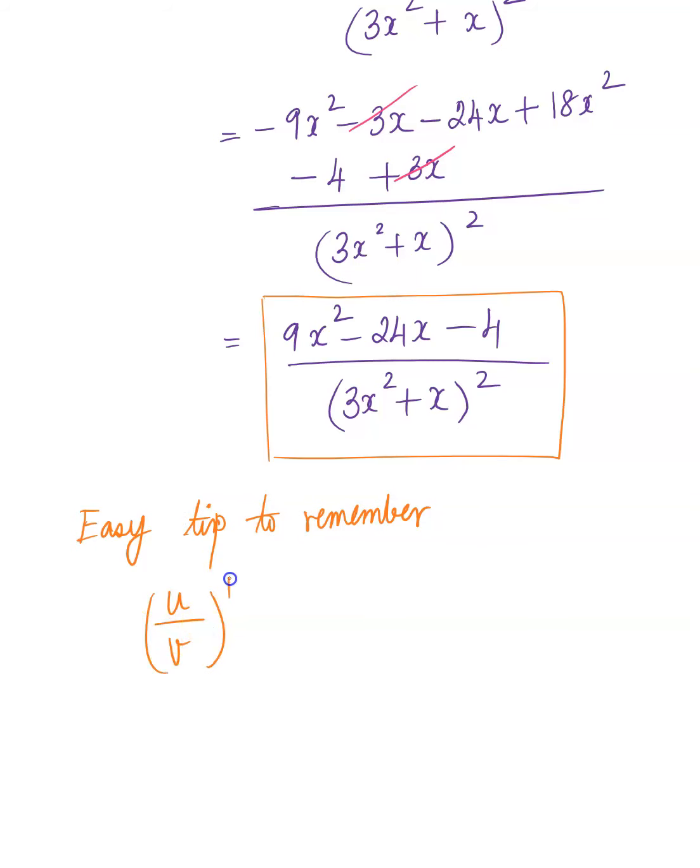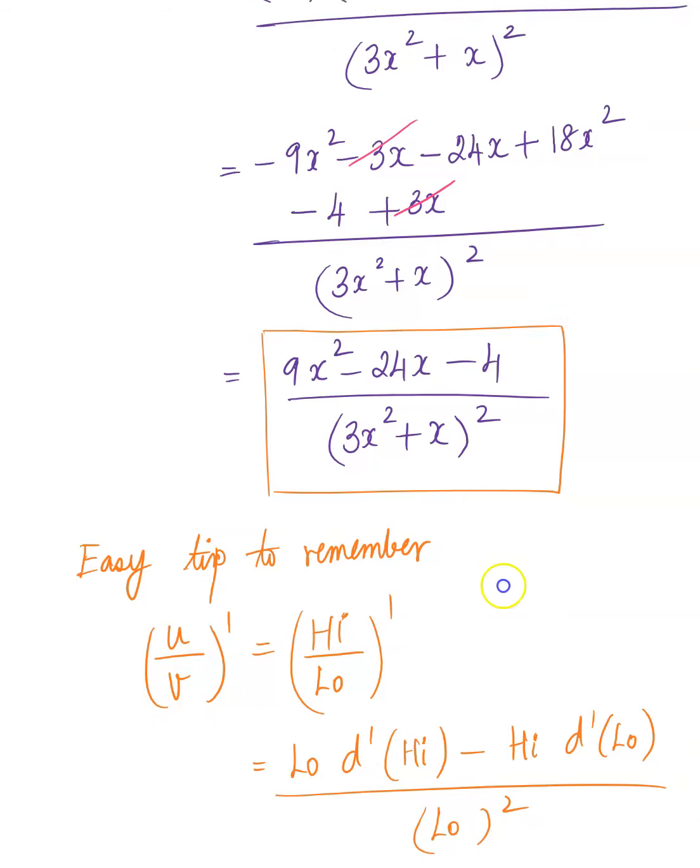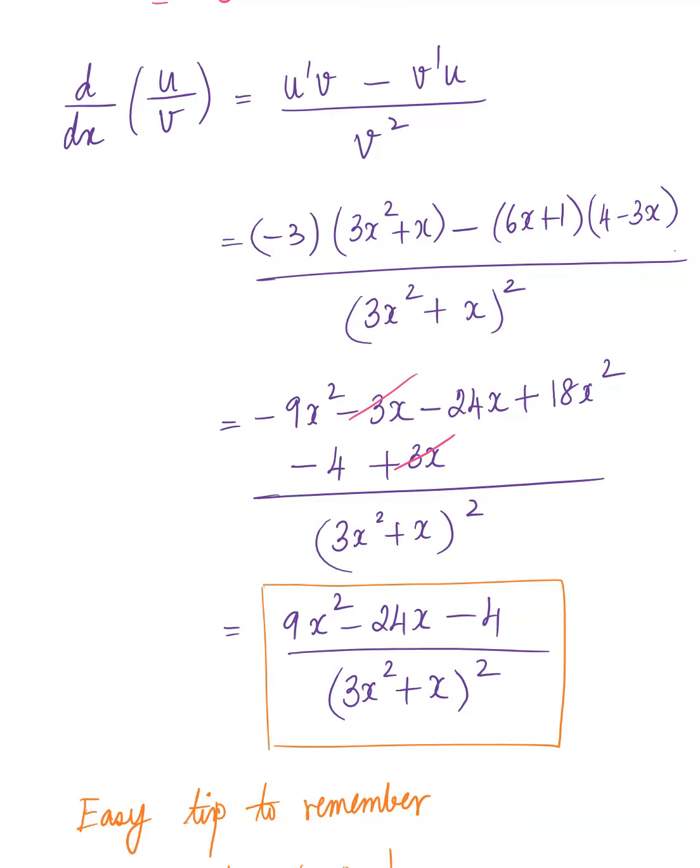U over V the whole prime can be written as high over low the whole prime: low d high minus high d low over low squared, where the low is the one in the bottom, which is your V, and high is your U. If you recall here, it's U prime V minus V prime U over V squared.